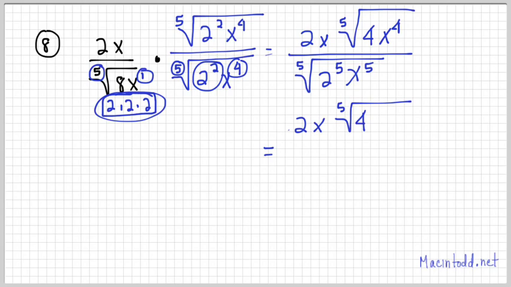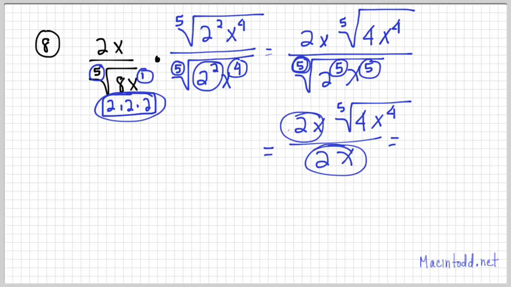Numerator I can't do anything with. What's the 5th root of 2 to the 5th? It's 2. What's the 5th root of x to the 5th? It's x. And you can see I get a little bit of canceling right here, and so my final answer is the 5th root of 4x to the 4th.